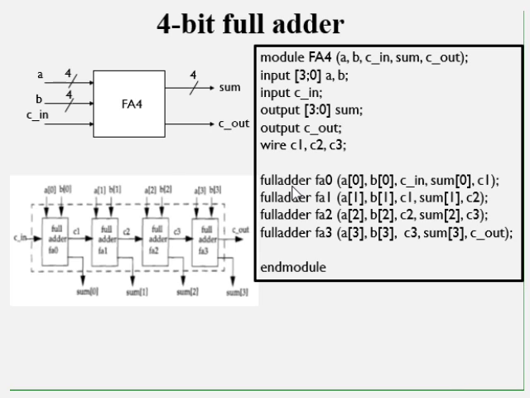But now I have used the full adder as a component to realize the 4-bit adder. This full adder is not predefined in Verilog, so you have to define what a full adder is. So this program is not complete. We'll have to continue by writing the full adder program.